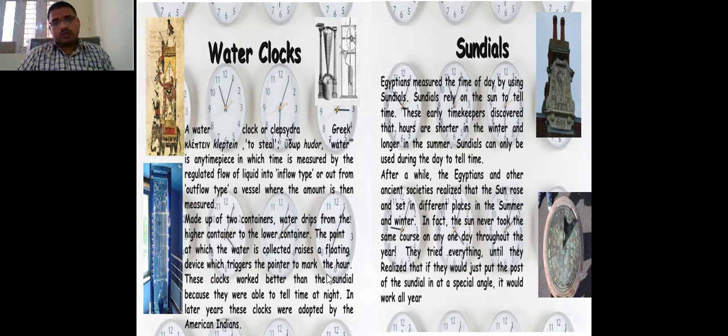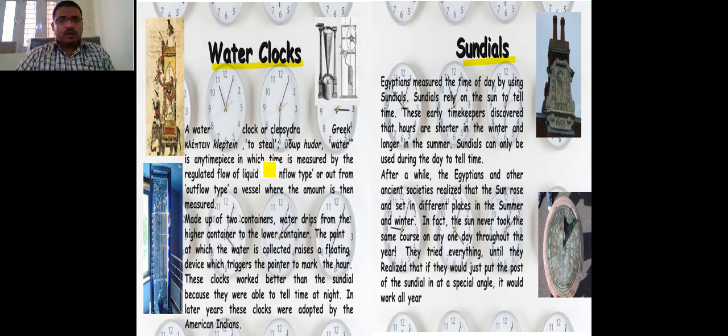Now there are different tools that were used previously to measure time. One is the water clock, by which initially we measured time, and another is the sundial, by which we measured time when there were no digital clocks available.